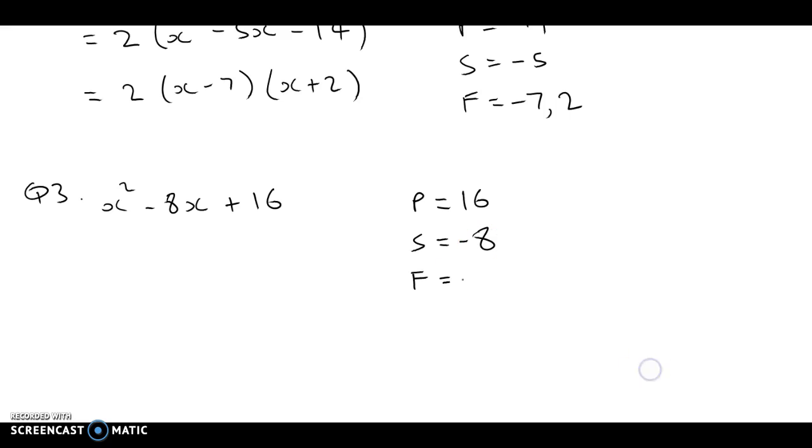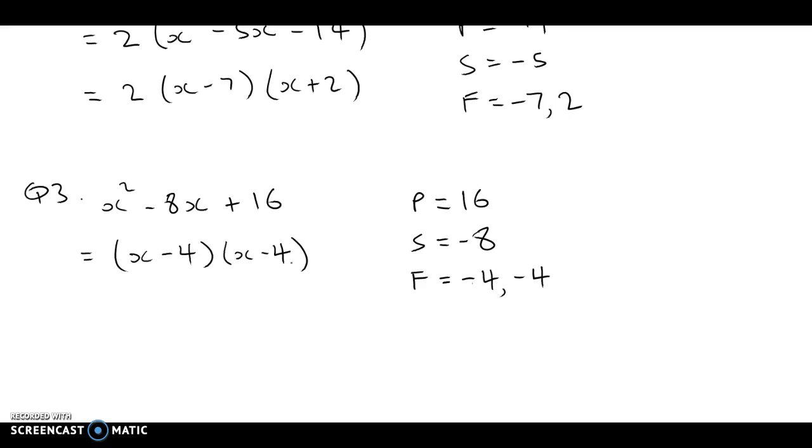We're going to get minus 4 and then minus 4 again. Minus 4 times minus 4 gives us positive 16. Minus 4 plus minus 4 gives us minus 8. So we can use those factors to write this expression in factorised form. We'll get x minus 4, x minus 4.